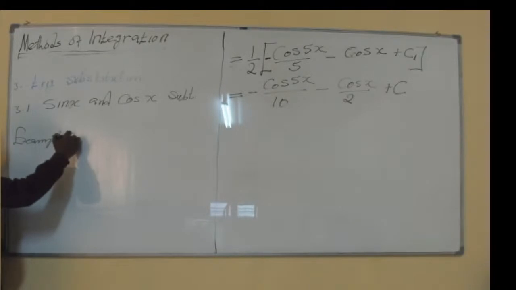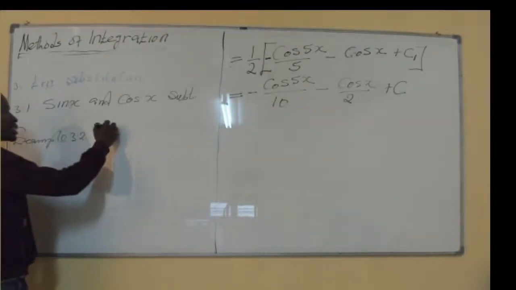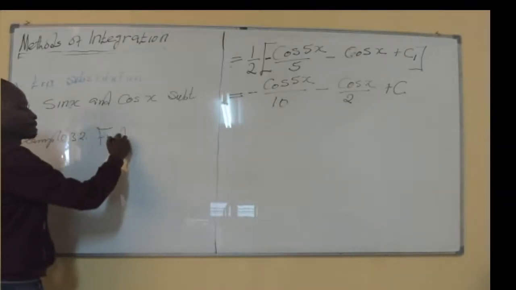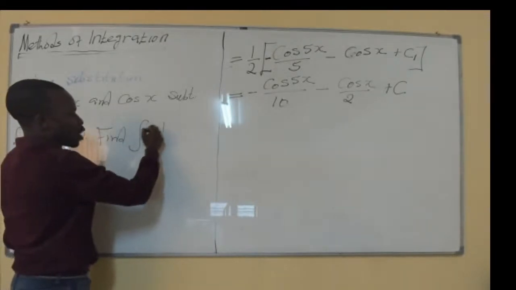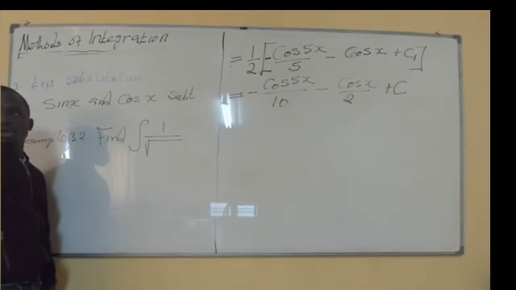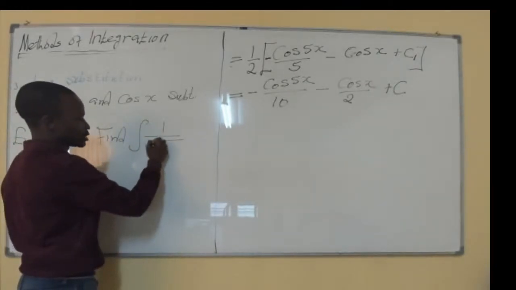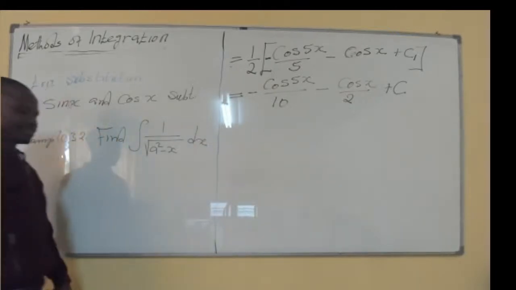This is example number 32. This example says, find the integral of 1 over the square root of a squared minus x, dx.